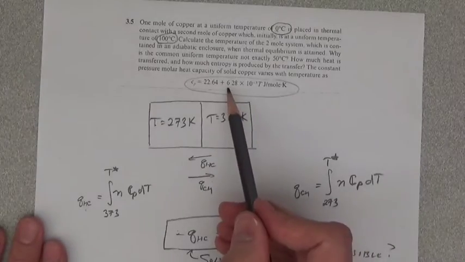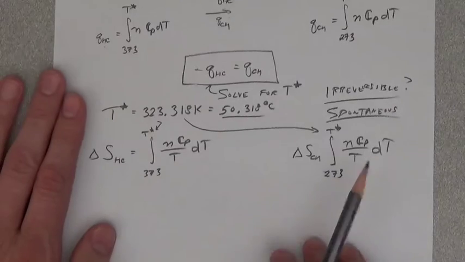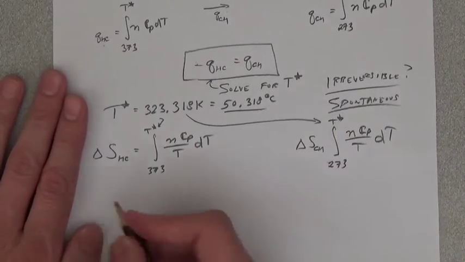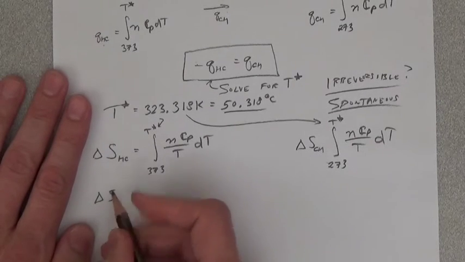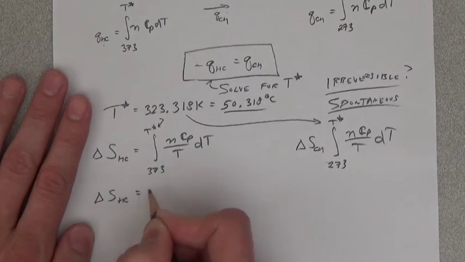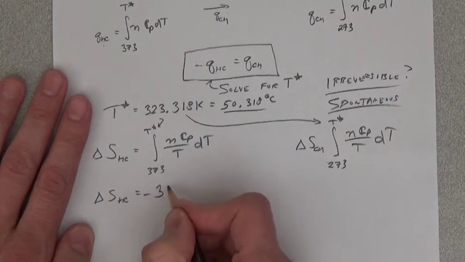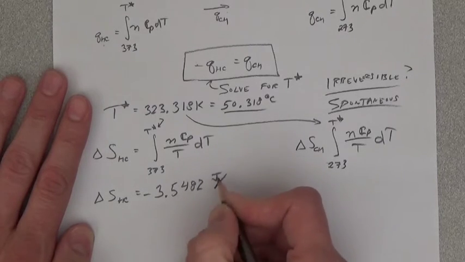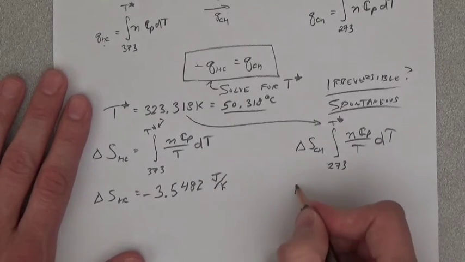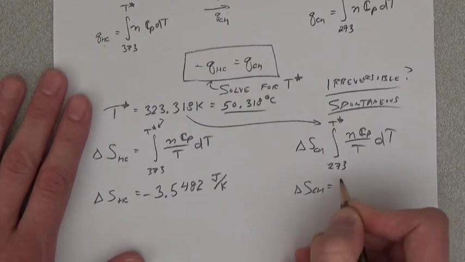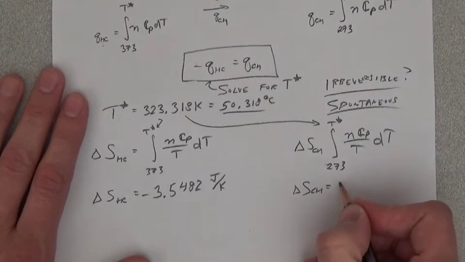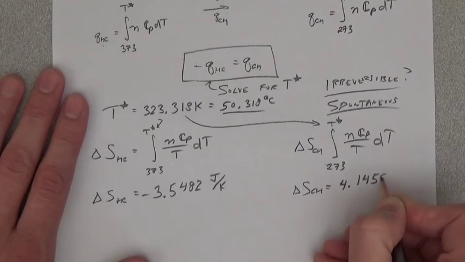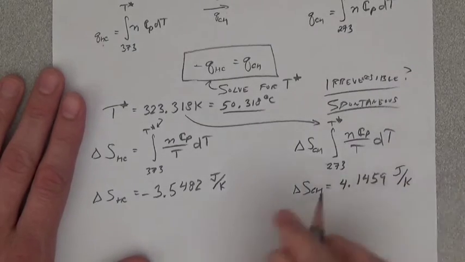And when we do that, again substituting in our values for the heat capacity and the equilibrium temperature, we get delta S HC is equal to minus 3.5482 joule per Kelvin, and delta S CH is equal to 4.1459 joule per Kelvin.